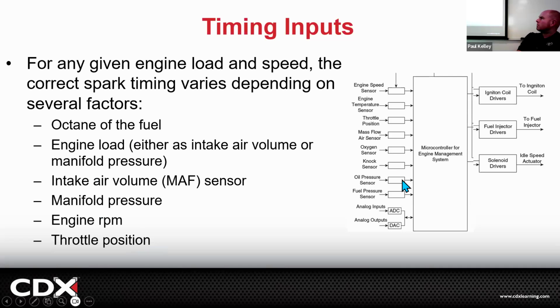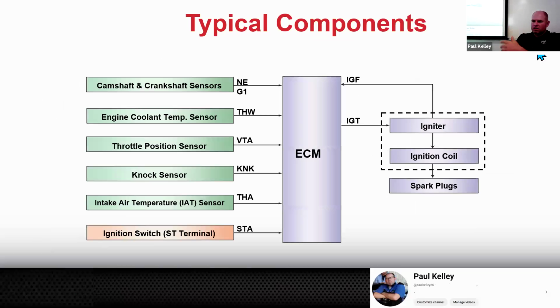So all of these are inputs to the computer, and then the computer has got this timing chart that it references and says, if this is this and that is that and that is that and that is that, then I should do this amount of before top dead center ignition timing. Okay. So like here it is a little bit more simplified. It's going to look at a bunch of stuff, like a whole bunch.